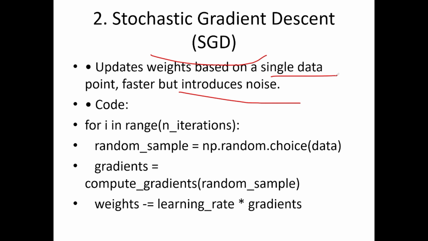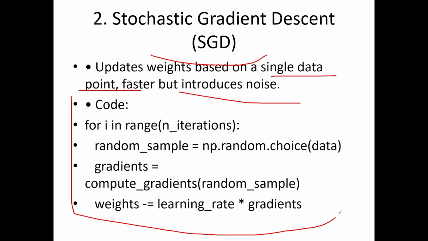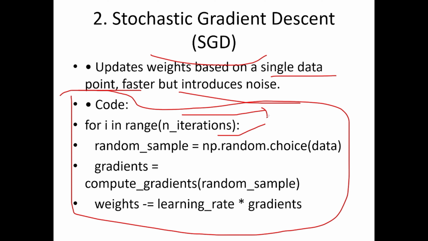For i in range of the number of iterations, we pick a random sample using np.random.choice on the data, compute the gradient on that random sample, and update the weights.